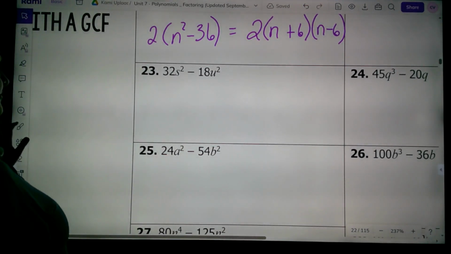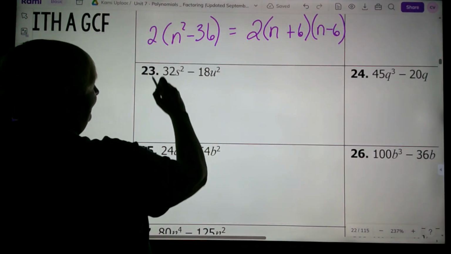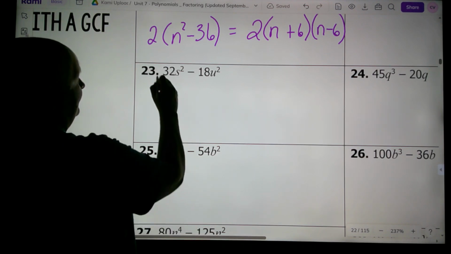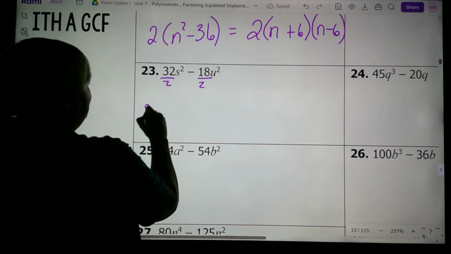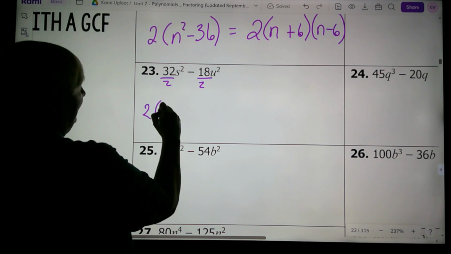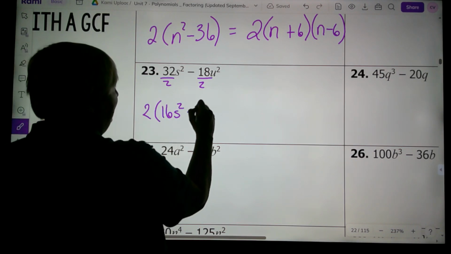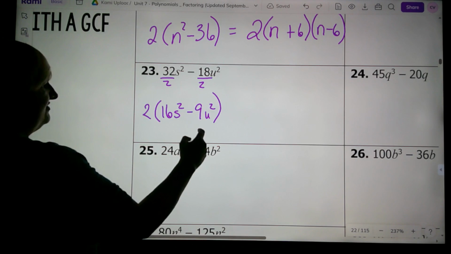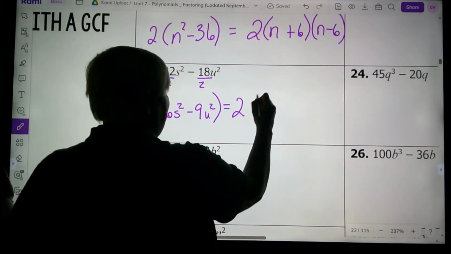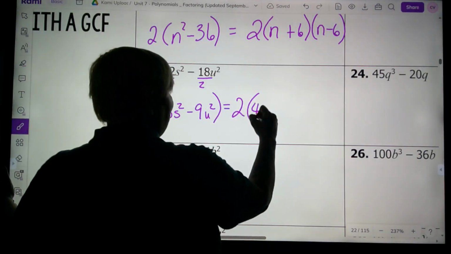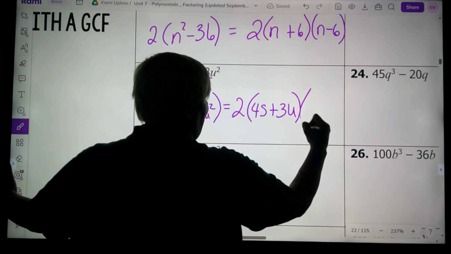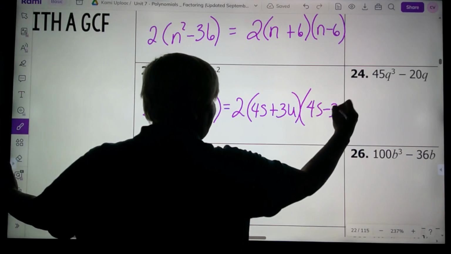Alright, greatest common factor. Is there a common factor? Both can be divided by 2. If we factor 2 out, I'm left with 16s squared minus 9u squared. And these are perfect squares. So I'm left with 2 times 4s plus 3u times 4s minus 3u.